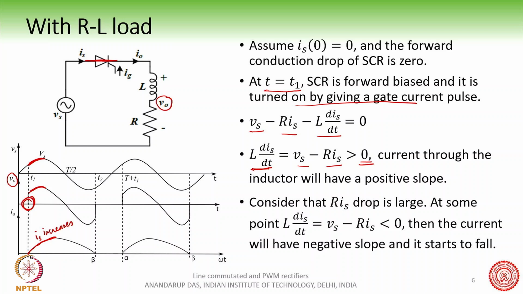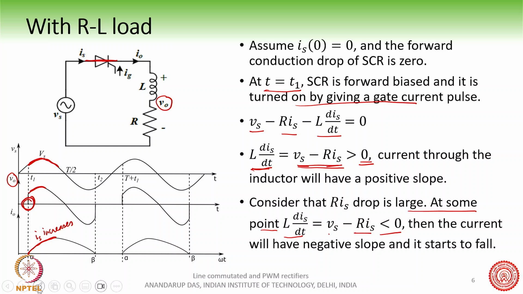Because at some point in the AC waveform, the source voltage starts to drop, and this condition will not hold true. After some point, L di/dt, which equals Vs minus Ris, will become less than 0, and the current will then no longer rise.